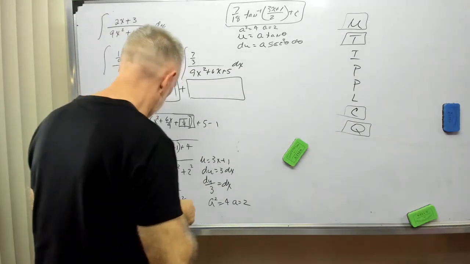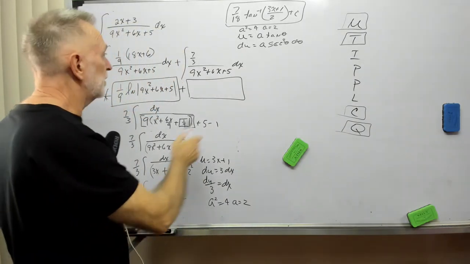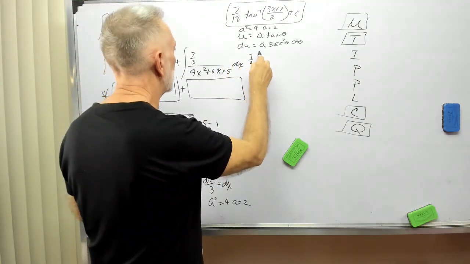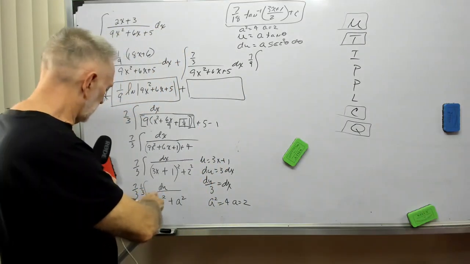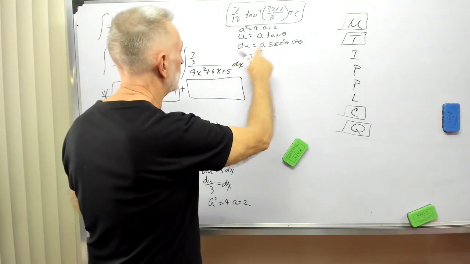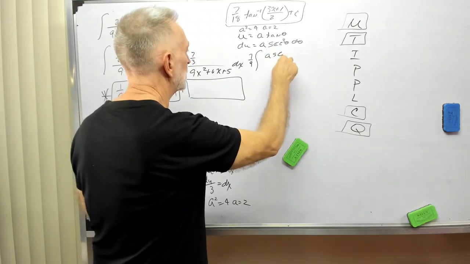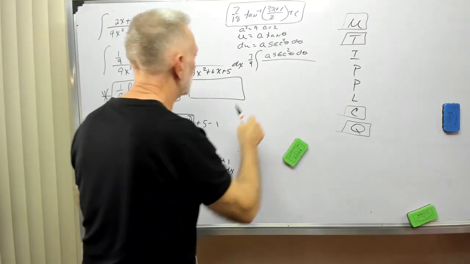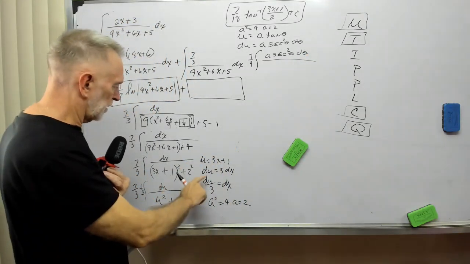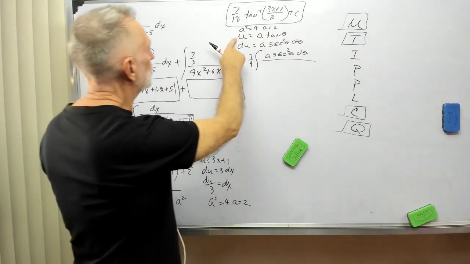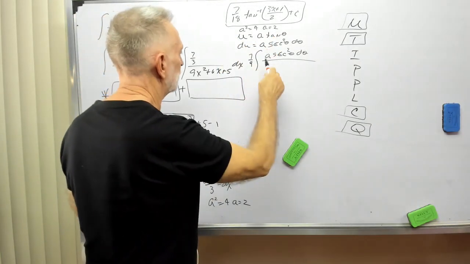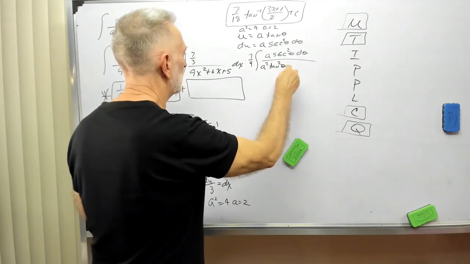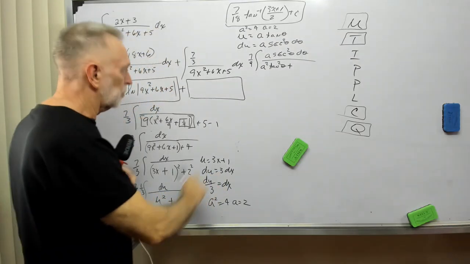Okay, what do we want to do here? We have 7/9 times the integral of du, which is a secant squared theta d theta, divided by u squared. And what did we say u was? U is a tangent theta. If I square that, that's a squared tangent squared theta plus a squared.